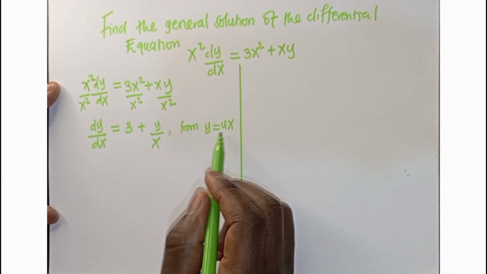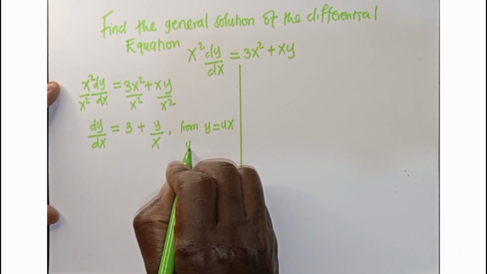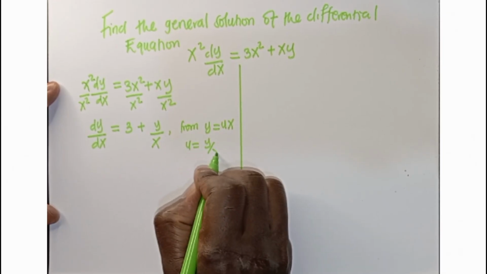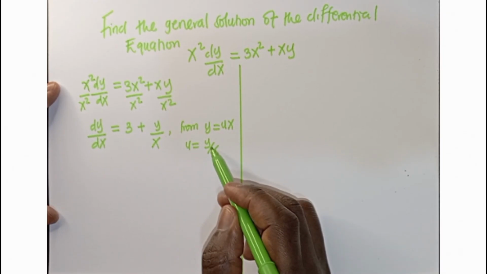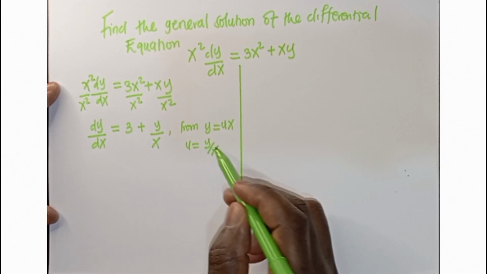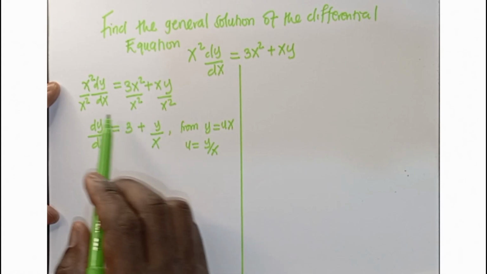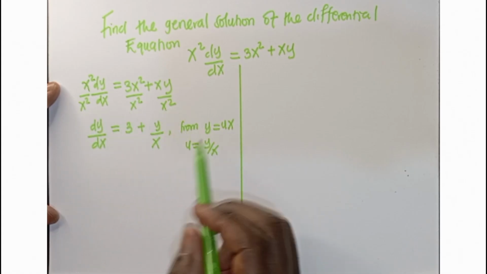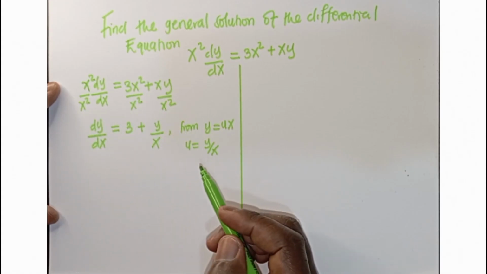Now from here we have u as y out of x. So you always want to create y out of x, always. That's why we always look at dividing throughout by x with the highest power. So that's how you defeat it.